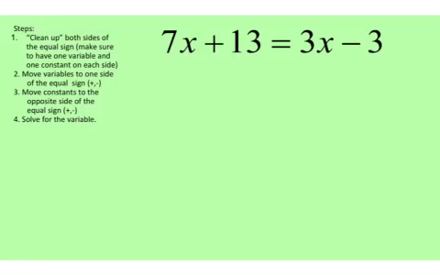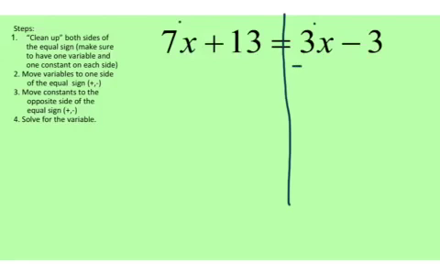My second step says move the variables to one side of the equal sign. Well, I'm going to look at my variables. Okay, I have 3x and 7x. I want a positive variable if possible, so I know that if I take away 3x from both sides, over here I'll get a positive. So this is 3x. In order to move it across the equal sign, I'm going to do the opposite of addition or subtraction.